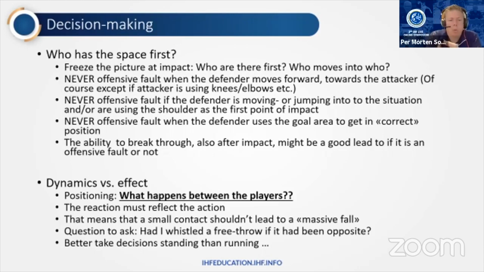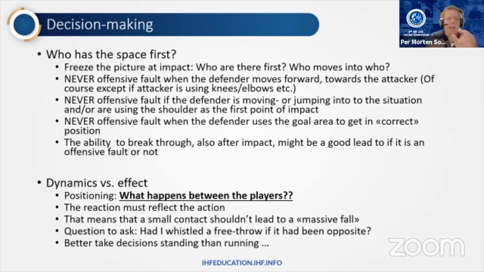Also, when it comes to overreactions, provocations, Hollywood actions, the reaction from the defending player must reflect the action. It can't be a very small contact and the defender is throwing himself backwards to the floor like he has been shot.